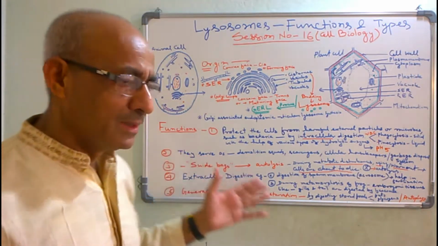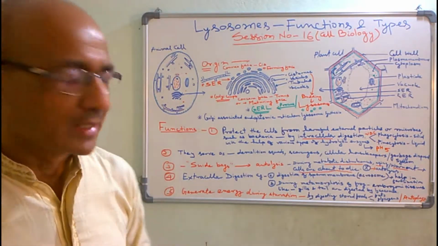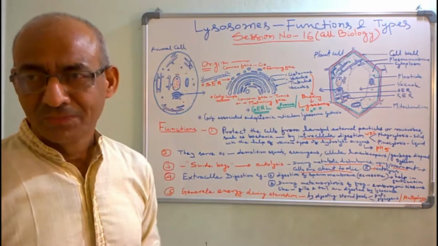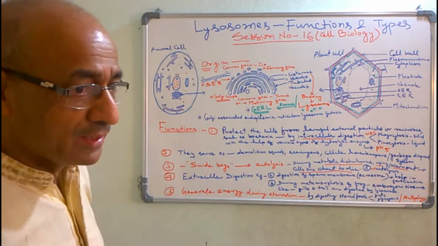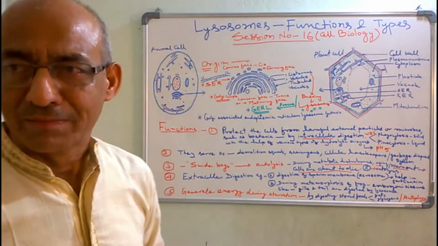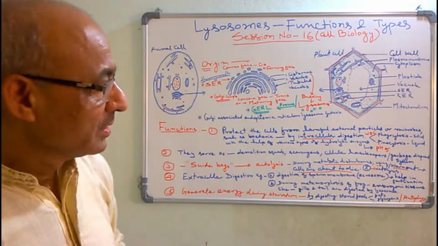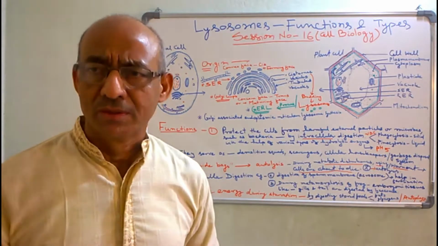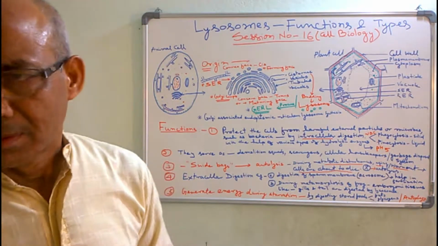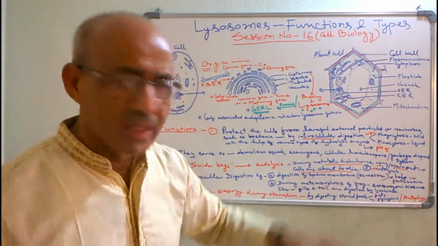So, in that case, lysosomes are called suicide bags because they serve to kill the very cell in which they are found. The process by which the lysosome dissolves and digests its own cell is called autolysis.